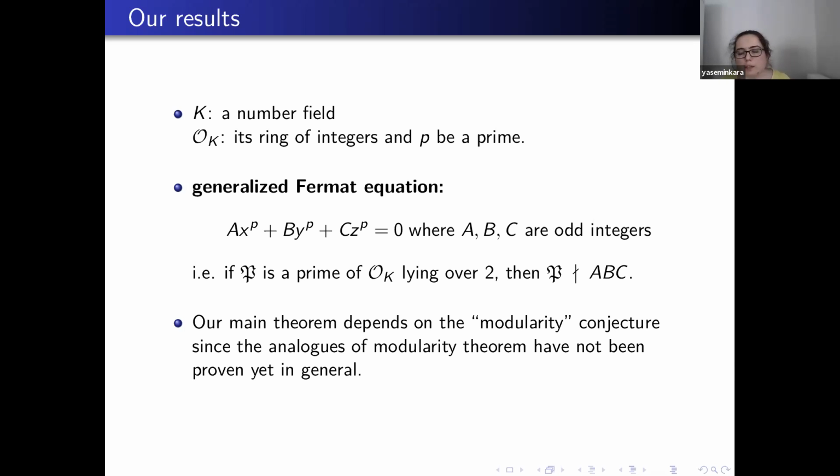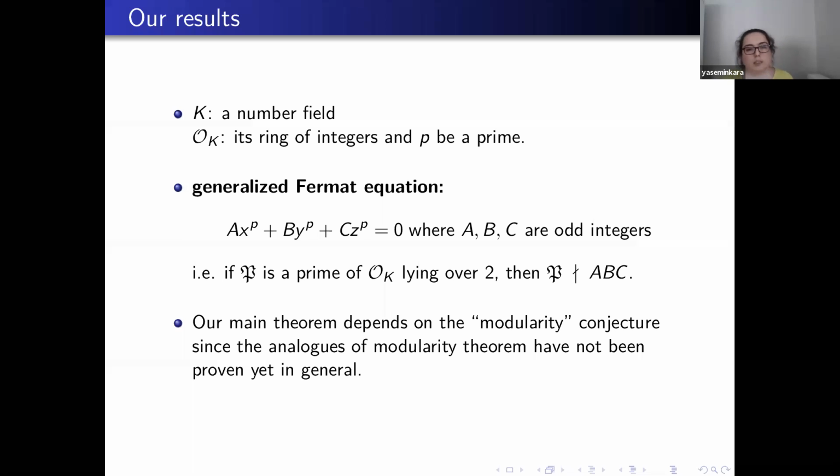What does it mean, an odd integer in this case? If 2 doesn't divide an integer n, then it's odd. In this case, if you take a prime lying over 2, and this prime doesn't divide a, b, c, then a, b, c are called odd integers.